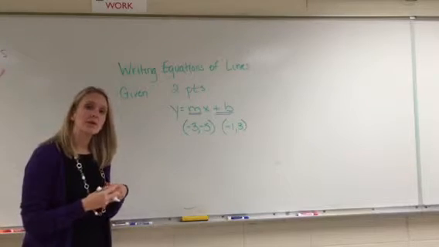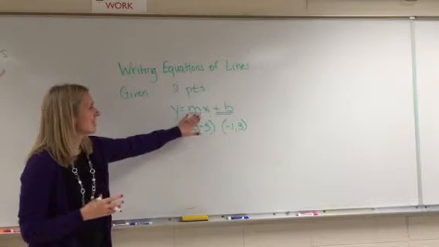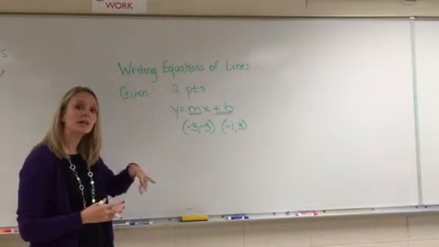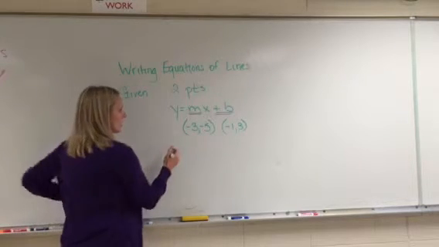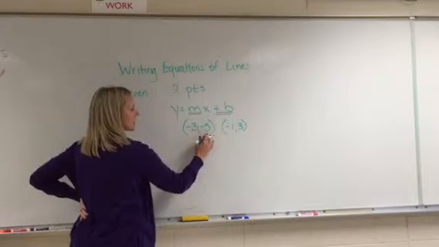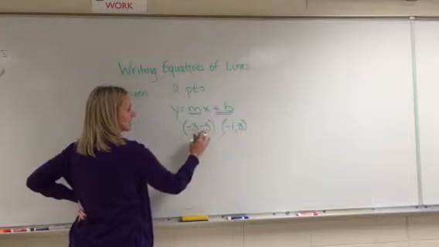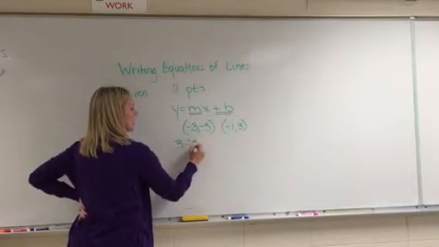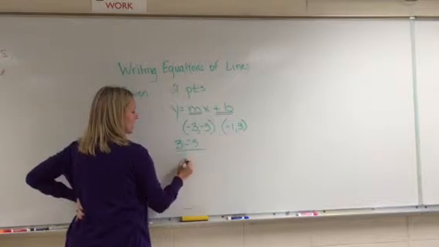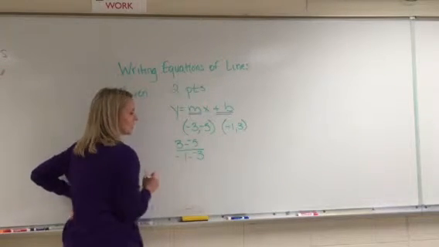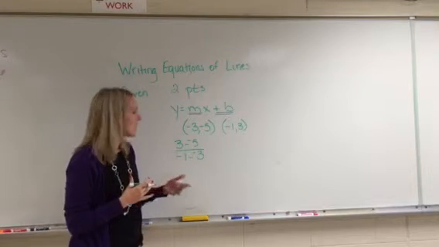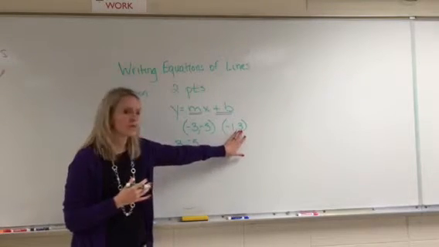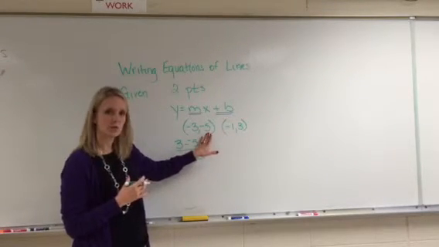The first thing we want to find when we're given 2 points is we want to find our slope. And we know how to do that from stuff we learned last week, where we take y minus y divided by x minus x. So 3 minus -5 over -1 minus -3. Now, as I've told you several times, it doesn't matter which is your first y.